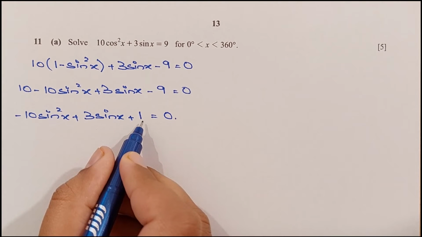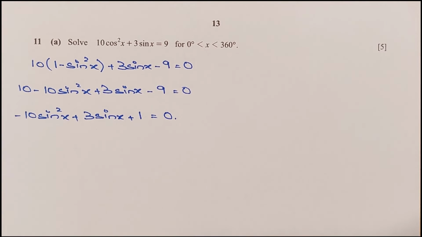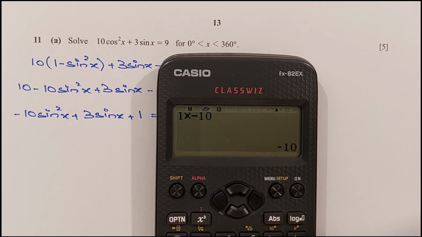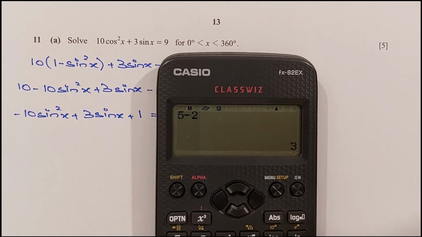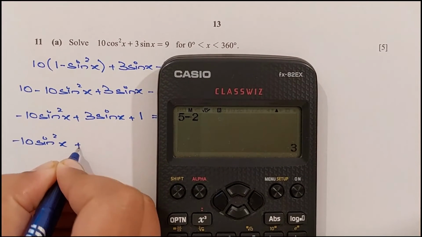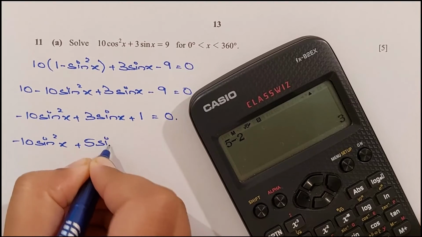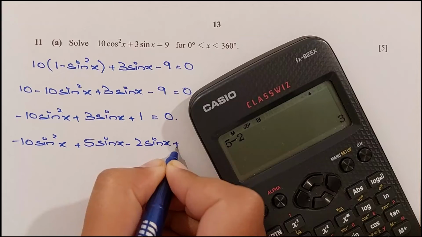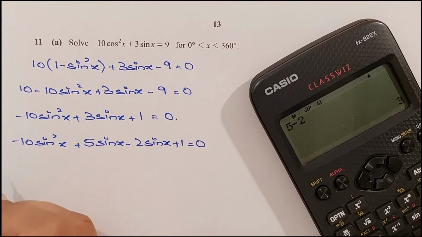Negative 10 times 1 is negative 10. 2 times 5 is 10, and 5 minus 2 is 3. Yes. Minus 10 sine square x plus 5 sine x minus 2 sine x plus 1 equals 0.